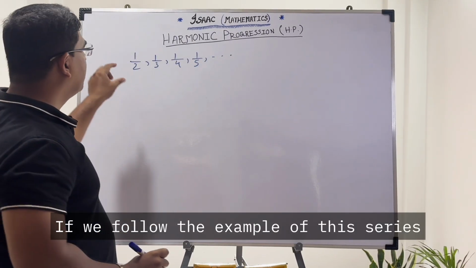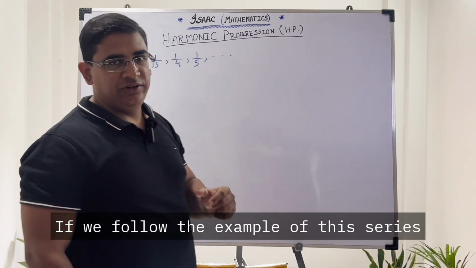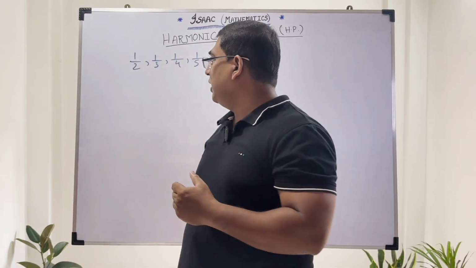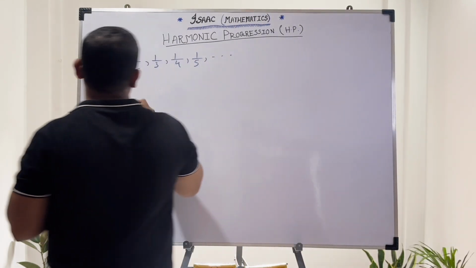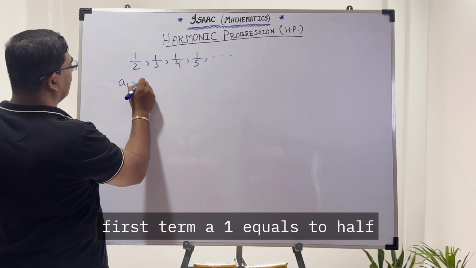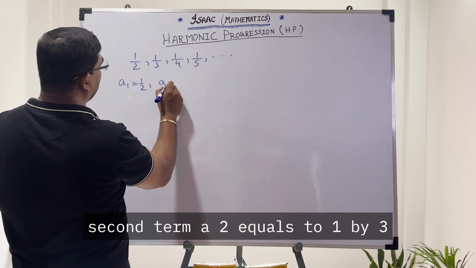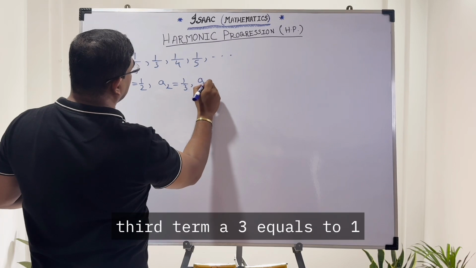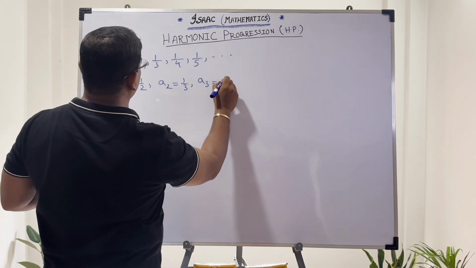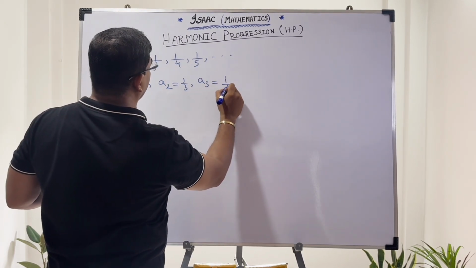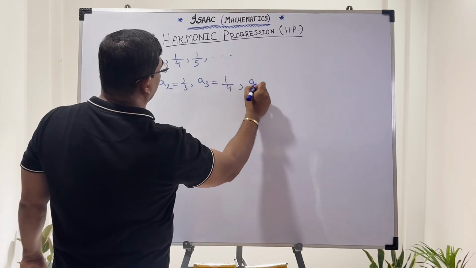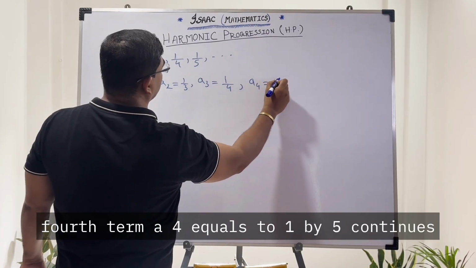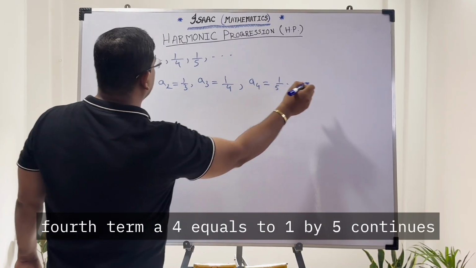If we follow the example of this series, then the terms are: first term A1 equals half, second term A2 equals 1 by 3, third term A3 equals 1 by 4, fourth term A4 equals 1 by 5, continues.